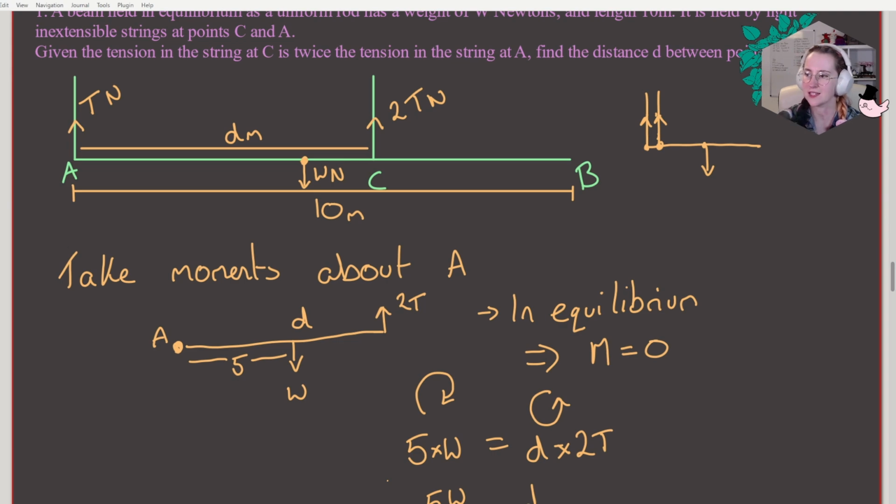If it was like this, and this was A and this was C and this was the W and then this was B, taking moments about W, there's no anticlockwise moment to counterbalance the clockwise moments, which means it wouldn't be in balance.